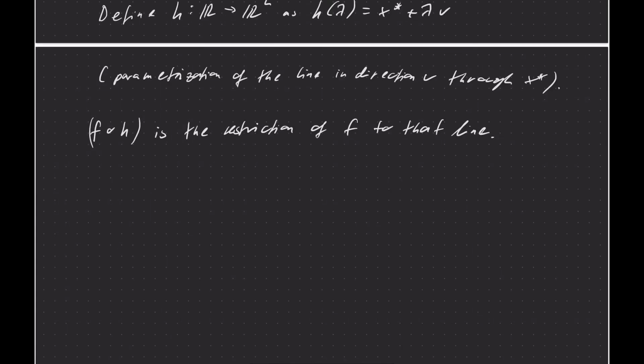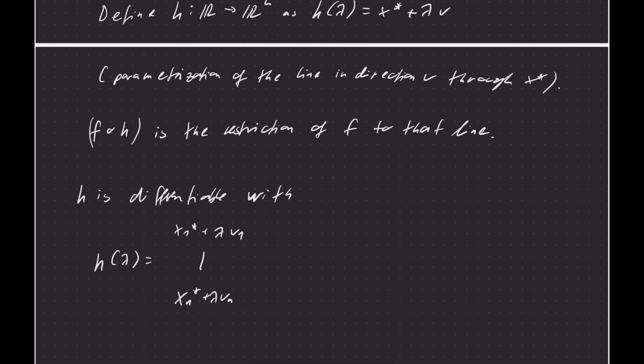Of course, h is obviously differentiable. And let's compute the differential. Well, we know that h of lambda is just x1 star plus lambda v1 down to xn star plus lambda vn.